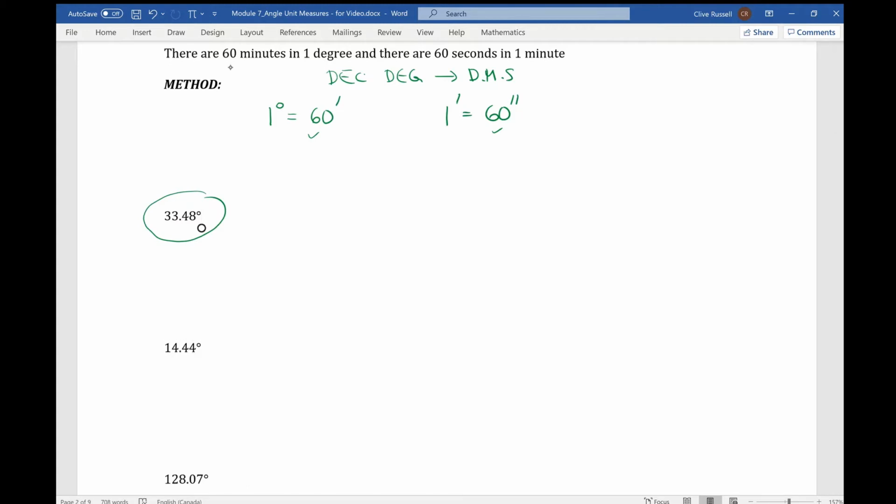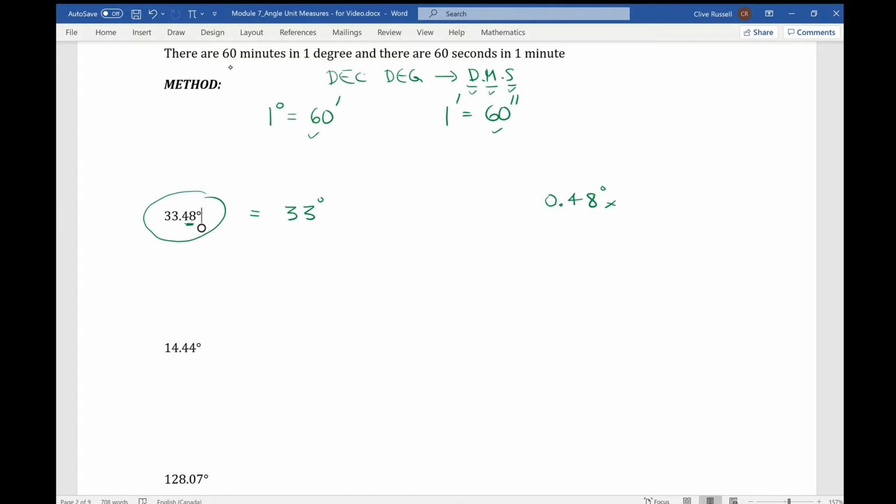So this first one says 33.48 degrees. Now, keep in mind that the DMS are whole degrees, whole minutes, and whole seconds. So what's not going to change is our 33 degrees. That won't change. But now we have to convert the 0.48, which is less than a degree, to our minutes and seconds. So we're going to take 0.48 degrees and convert that in the first case to minutes.